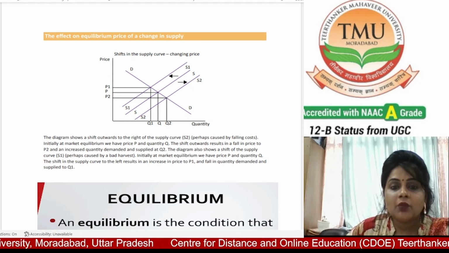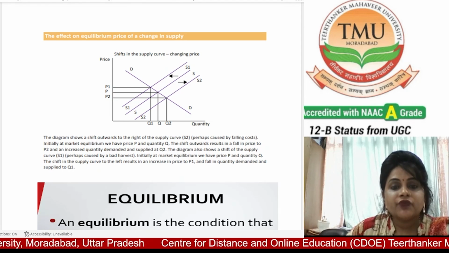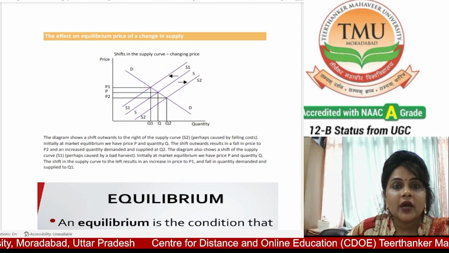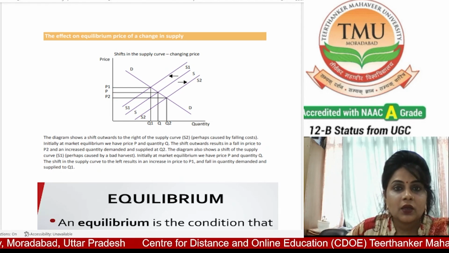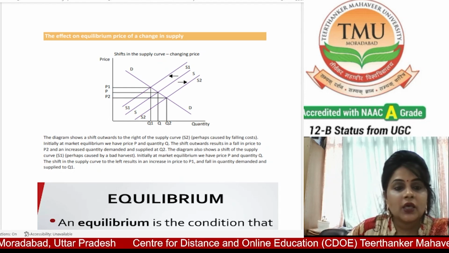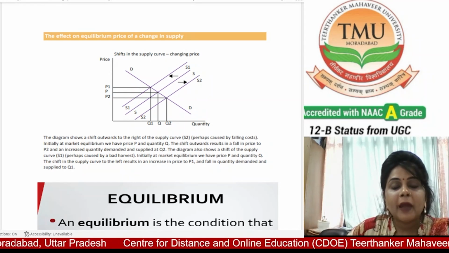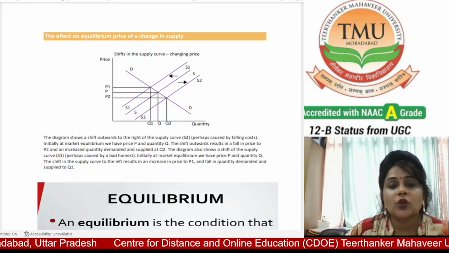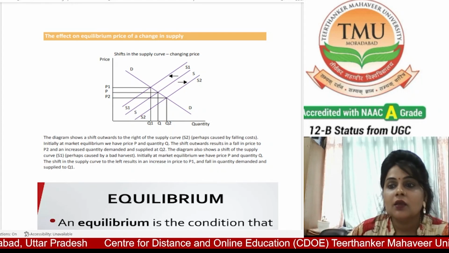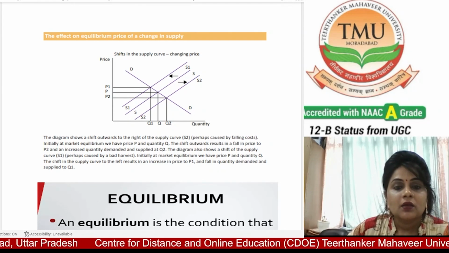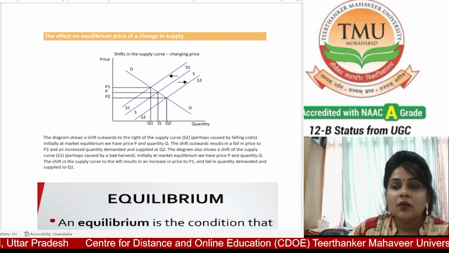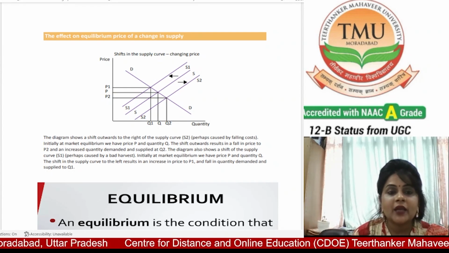The diagram also shows a shift of the supply curve to S1, perhaps caused by a bad harvest. Initially at market equilibrium, we have price P.